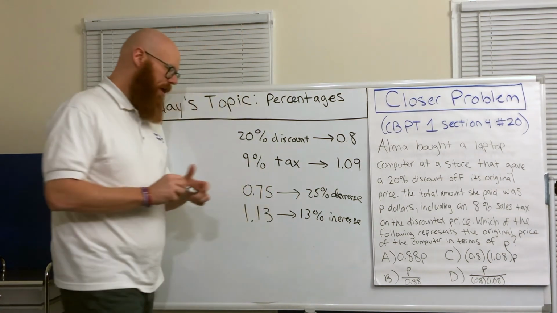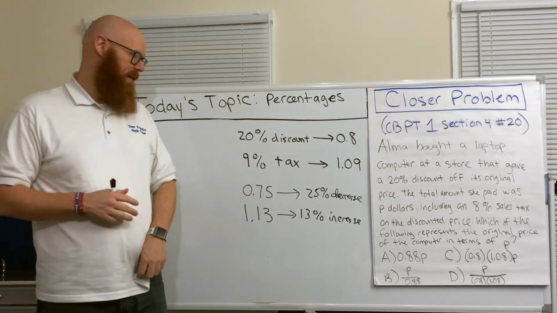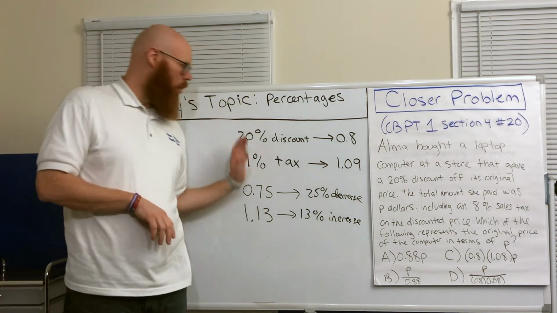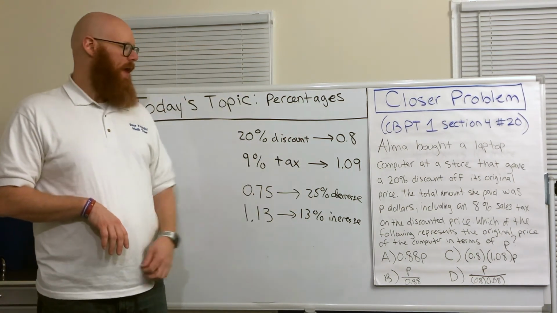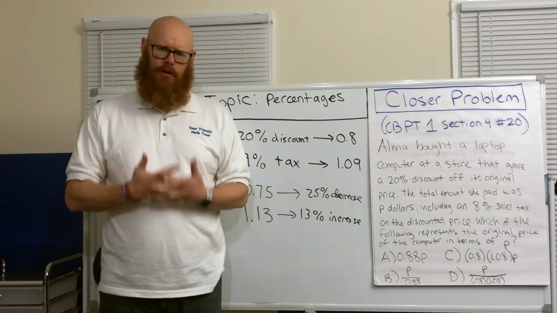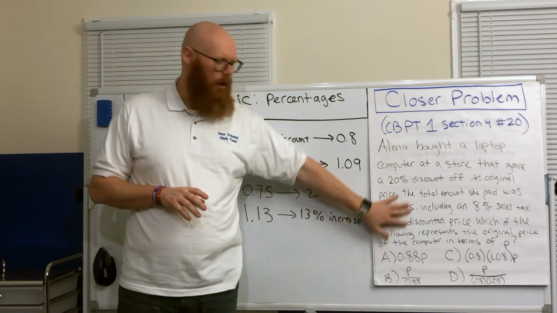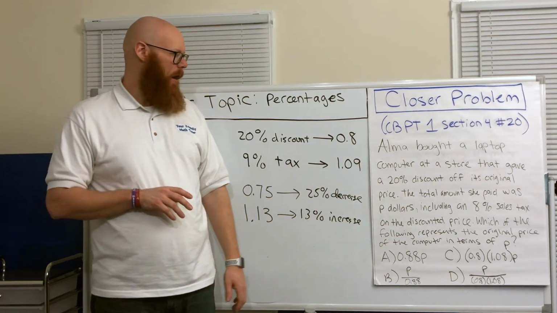So if you understand that, you should have no trouble with a lot of the percentage problems that are on the SAT. And you have to be able to work kind of both ways with it and then set up equations. And solving those equations are usually going to be really, really simple. The hard part is going to be reading. So these are the type where I would read the whole problem.